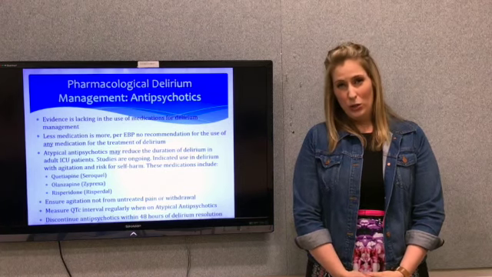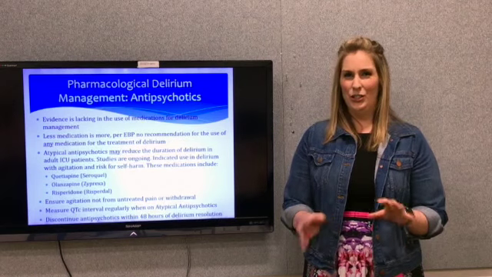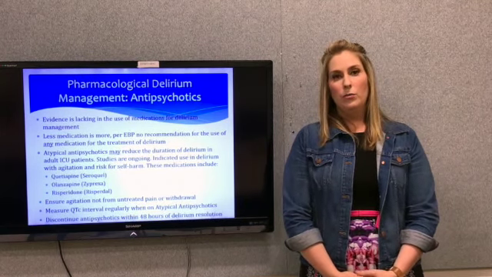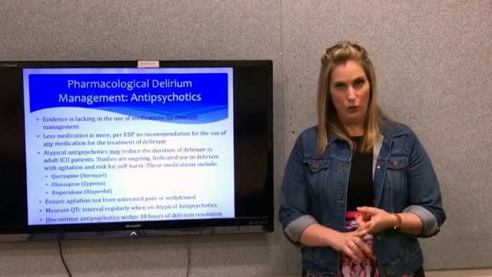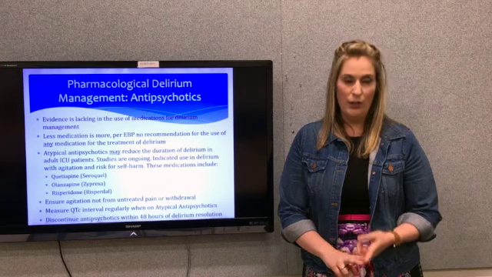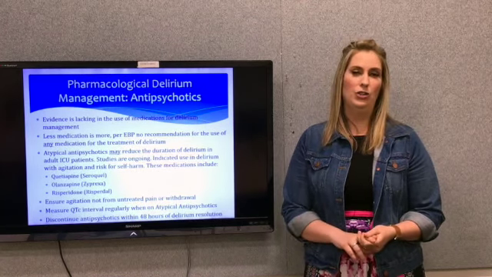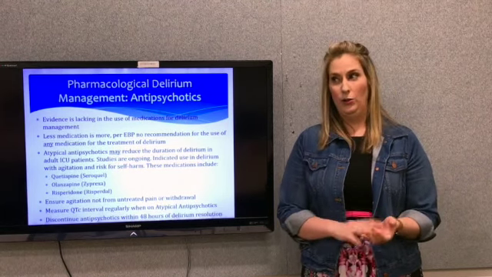Haldol has been used and can work, but there still might be a tie with Haldol and delirium. So you want to make sure that agitation is not from untreated pain. Again, I know I've been hounding you on this. Treat pain first. Then if after treating the pain and everything, they're still agitated, then go ahead and give one of these atypical antipsychotics or Haldol.